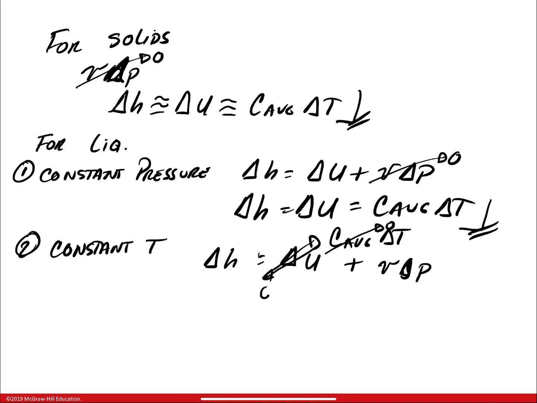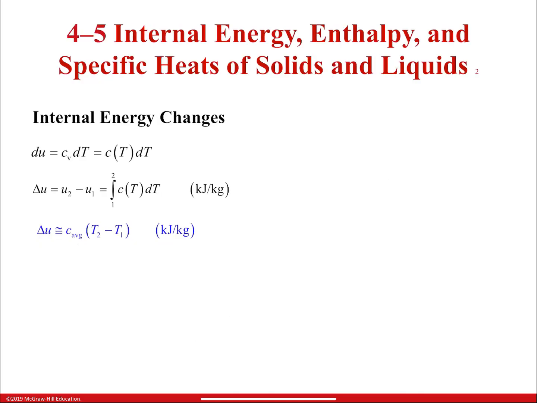Therefore, delta U is 0, and at the end I will have delta H equals v delta P. And those are the other equations. Like I said, I'm just introducing those equations to you in an informative way, and they're not going to be used for exercises in this class. I just want to be very precise about this.